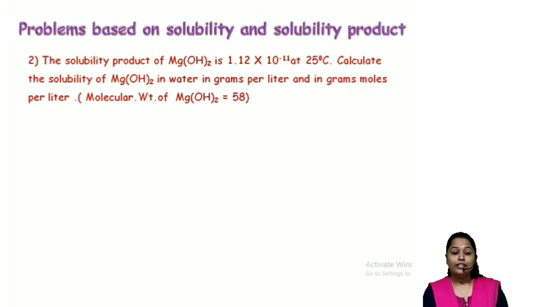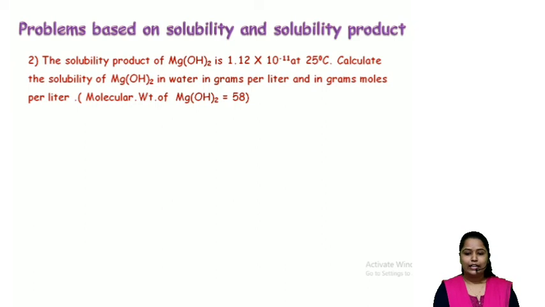The problem is: the solubility product of magnesium hydroxide is 1.12 into 10 raised to minus 11 at 25 degrees Celsius. Calculate the solubility of magnesium hydroxide in water in grams per liter and in gram moles per liter. The given term is the molecular weight of magnesium hydroxide, which is 58.